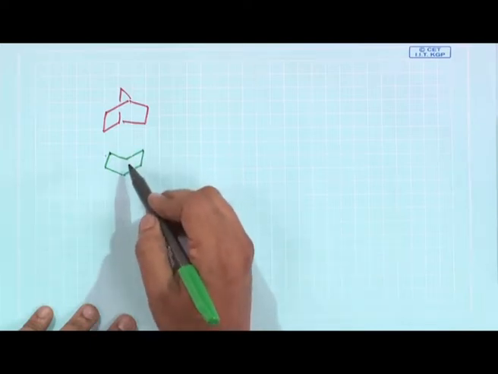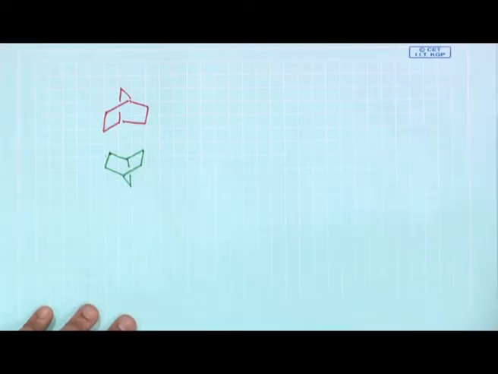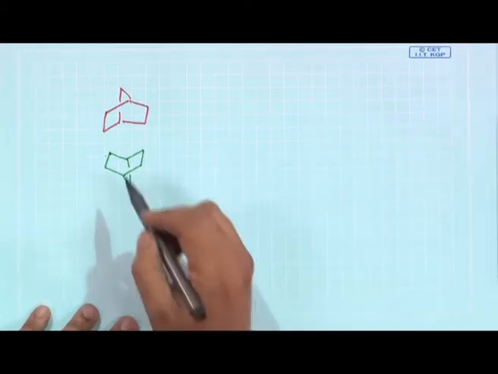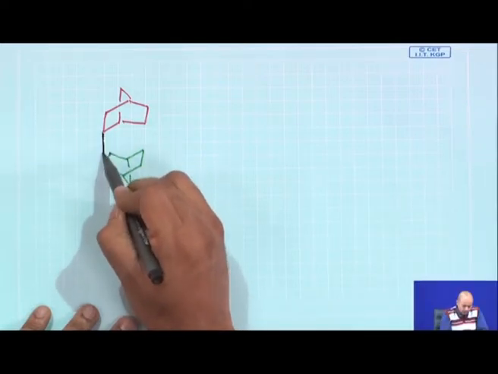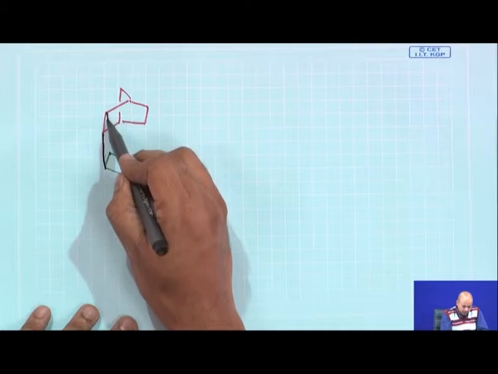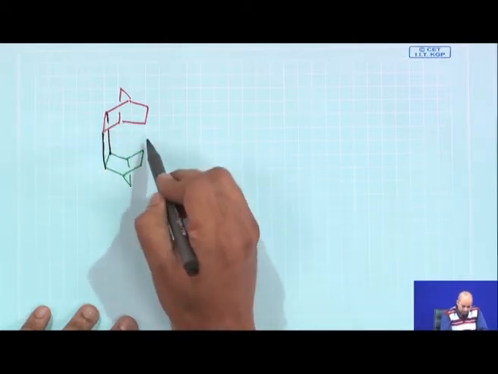Now, this drawing is pretty important because it will give you a sense of how I am connecting these two norbornenes. I am connecting this norbornene to this one through this black bond. Okay.